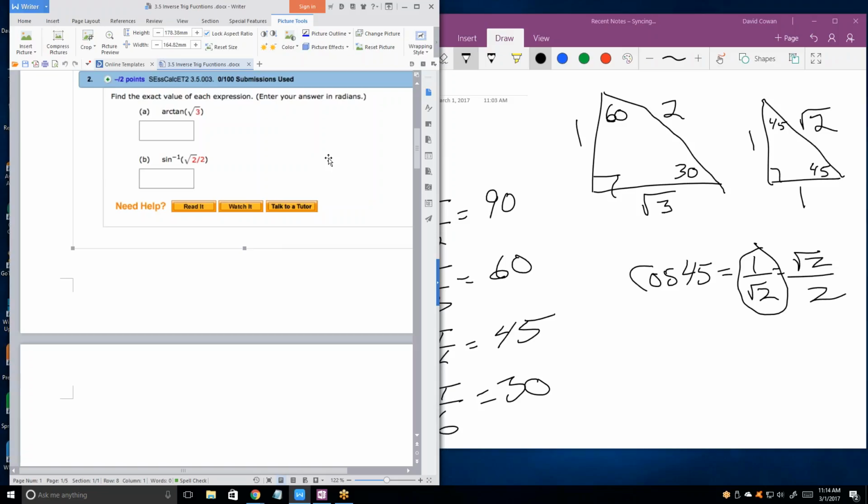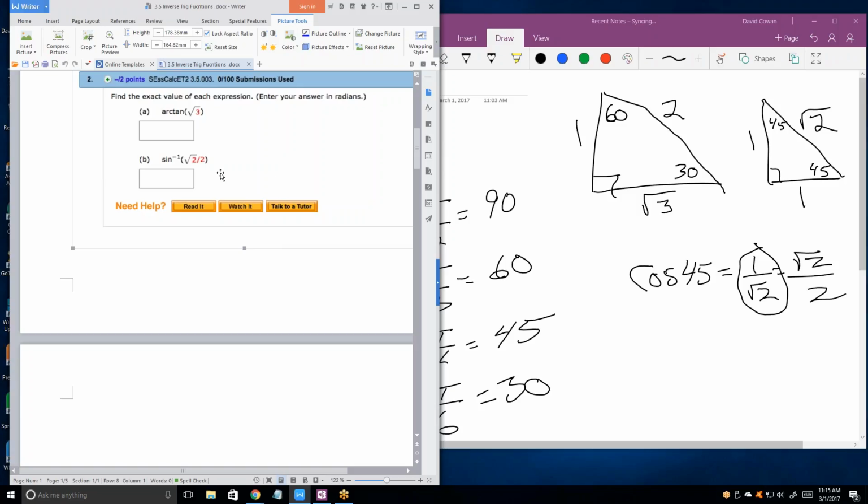Good. And notice that that didn't have a 1 under it, but it really does. That's square root of 3 over 1. Because, like I said, trig functions are always ratios. Sometimes you have a 1 in the denominator, but they're always ratios.